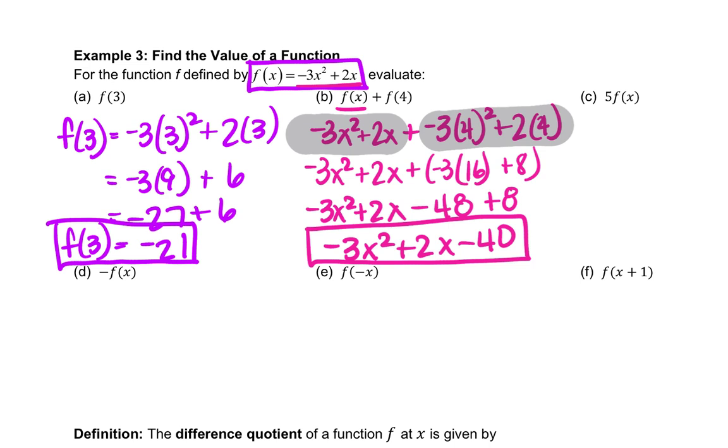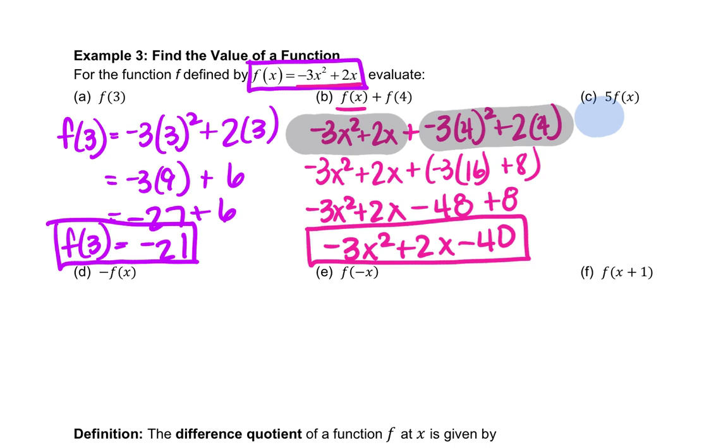All right, so here we go. This time the number is in front of the function instead of as an input. So you're just going to multiply that function by 5. Let me change colors where it doesn't blend.